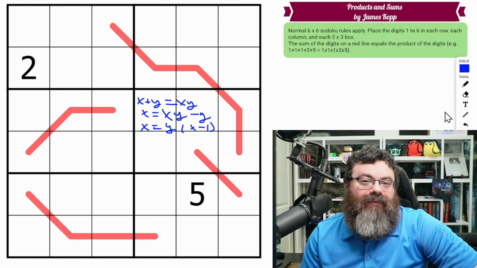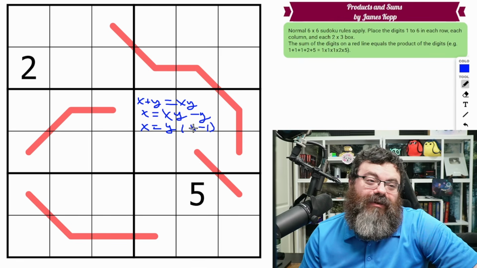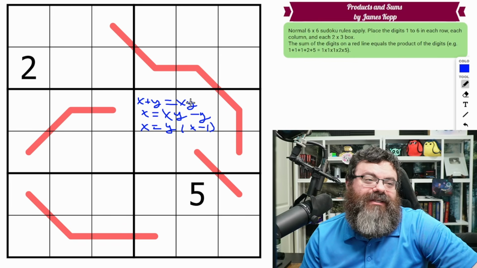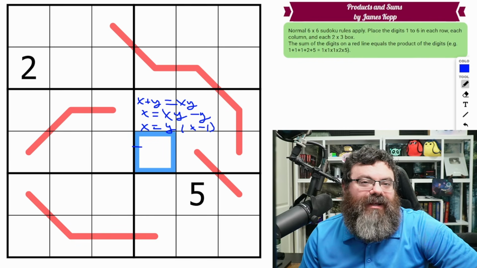So we can divide by x minus 1. The only way we can do that division is if x isn't 1. But we can prove that 1 doesn't work very easily, because if x was 1, then that means 1 plus y equals y, which is never true.